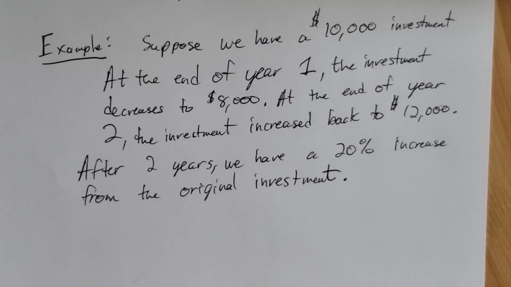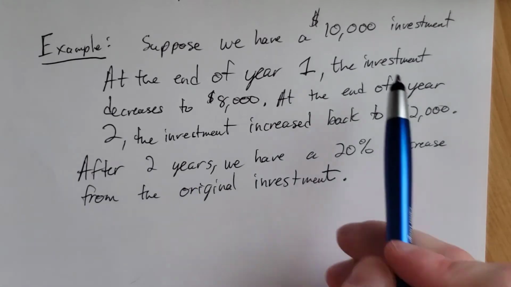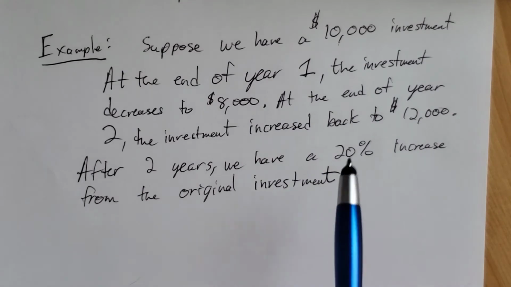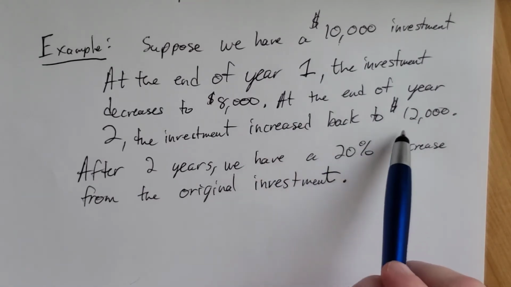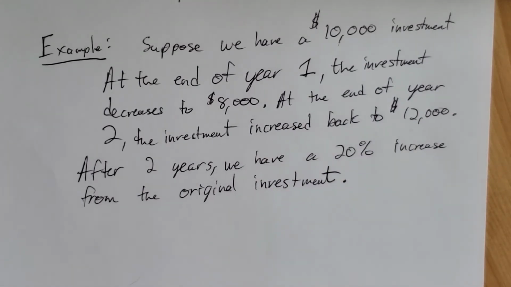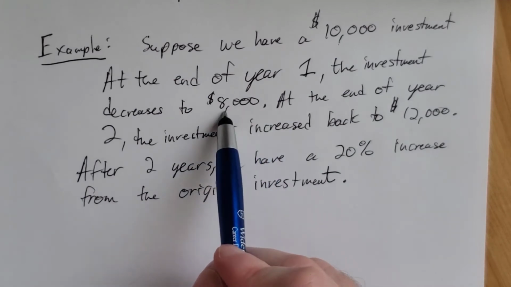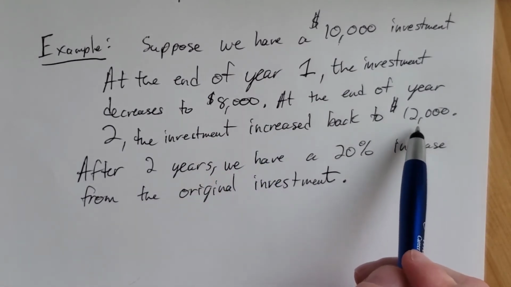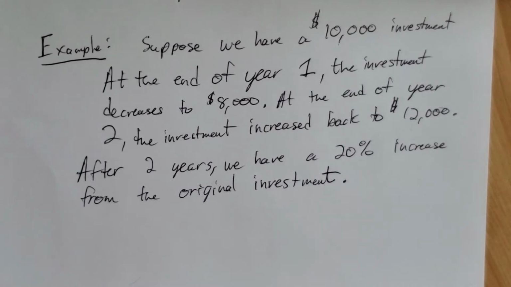And what if we wanted to know the percent increase we have to do each year to go from $10,000 up to the $12,000 that we ended with after 2 years. But we want that percentage increase to be the same every year. So we can't first decrease down to 8,000 then all the way up to 12,000. We want to see what essentially this average percentage increase is. And that's what we want to calculate here.